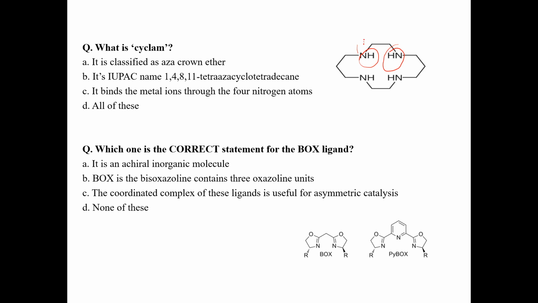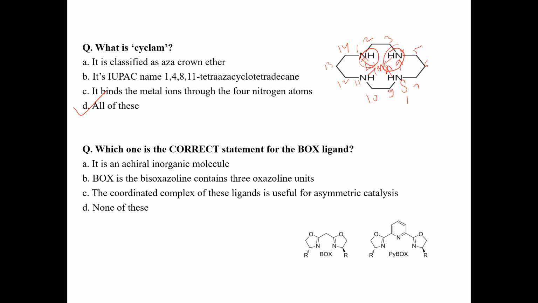Just count 1, 2, 3, up to 14, right? You can see the 1, 4, 8 and 11 positions have nitrogen, so 1,4,8,11-tetraazacyclotetradecane is the right IUPAC name. It binds the metal ion through 4 nitrogen atoms.